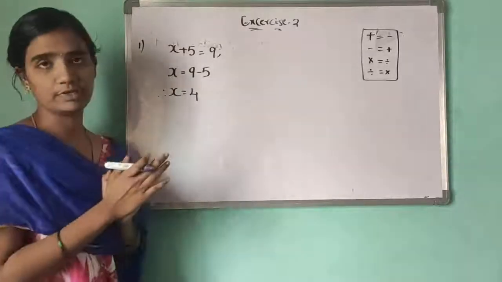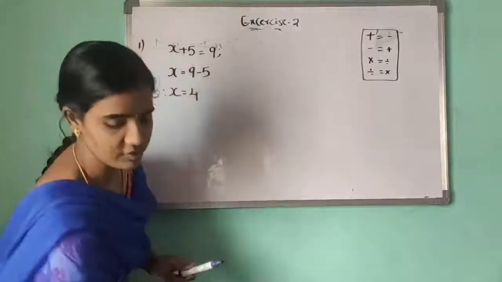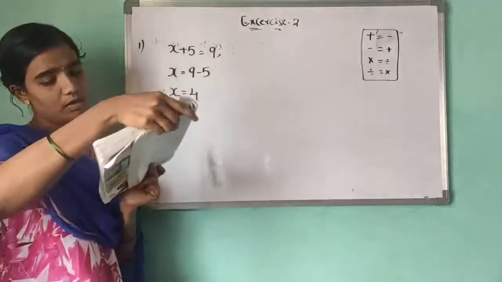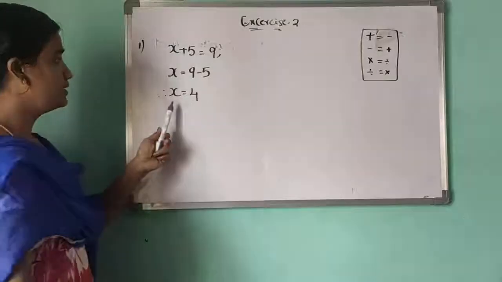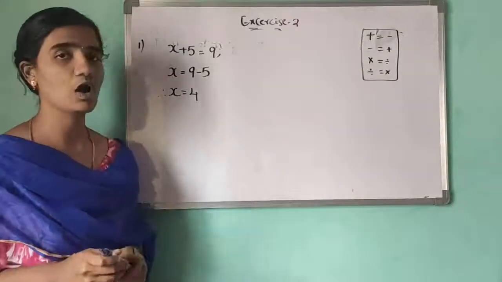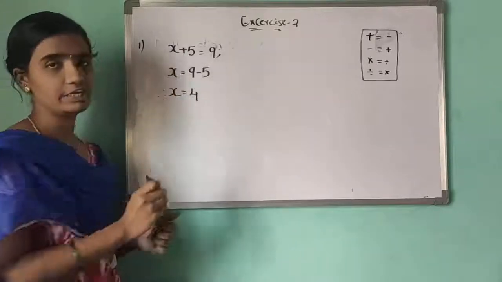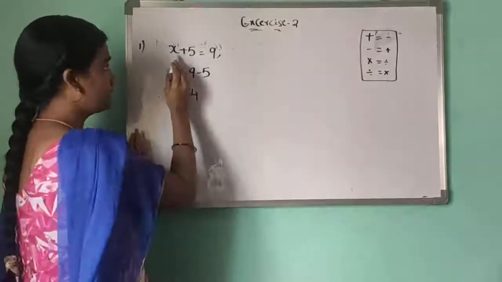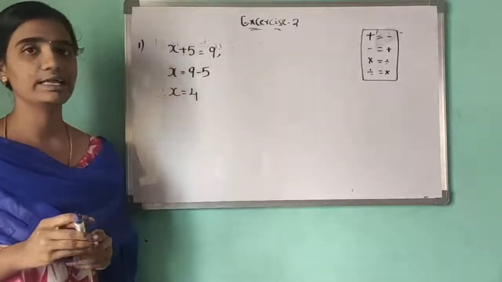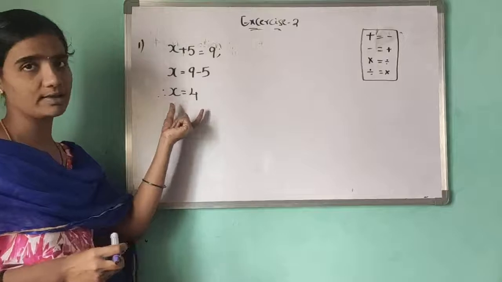This is the transposing, right? The textbook also asks us to check the result. This is the x value, we got 4. Is this x value right or not? How can we check? By substituting the x value into the given equation. If both LHS and RHS are equal, then we have the correct answer, right?